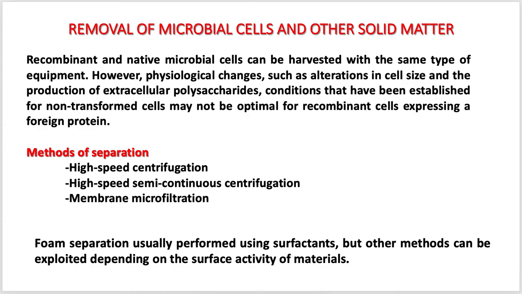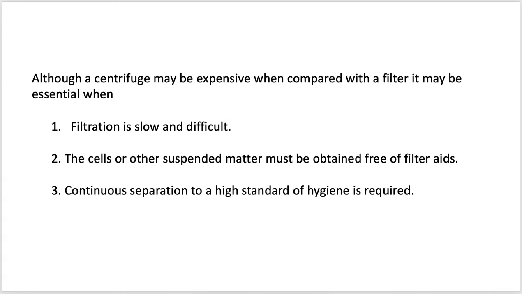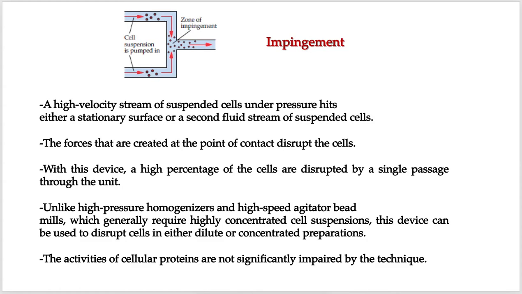So how can we do that? There are different methods like high speed centrifugation, high speed semi continuous centrifugation, and membrane microfiltration. These methods have already been discussed in lecture 1, so I will skip these slides, from slide number 8 to slide 22.